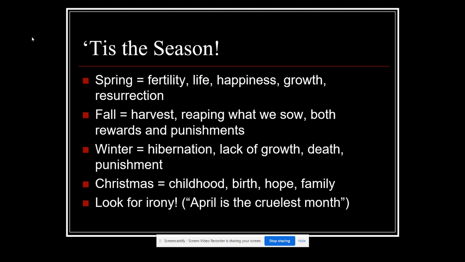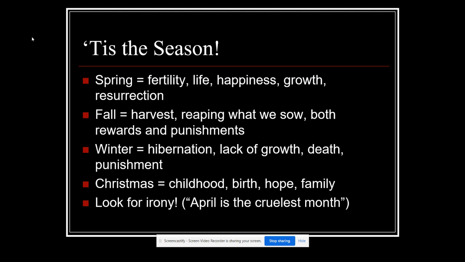Fall is also a time that precedes the death of winter, so that can be important. Winter, a lot of times about hibernation or death or paralysis, unless we're talking about a Christmas story, in which case it's going to be about childhood and birth and hope. So when we read A Christmas Carol later in the year, that will be the case there.